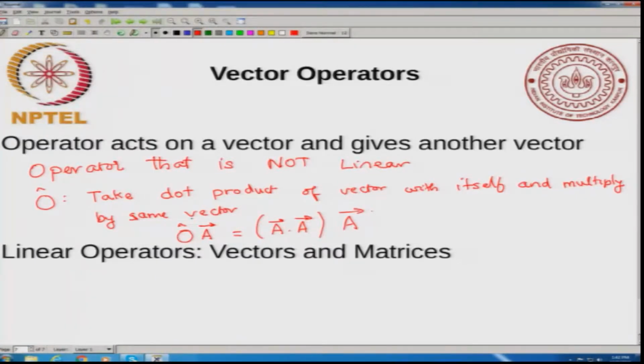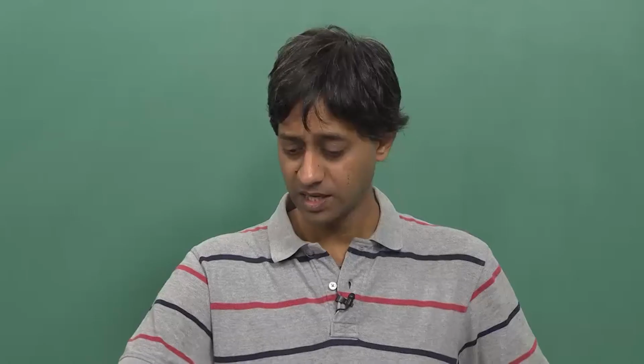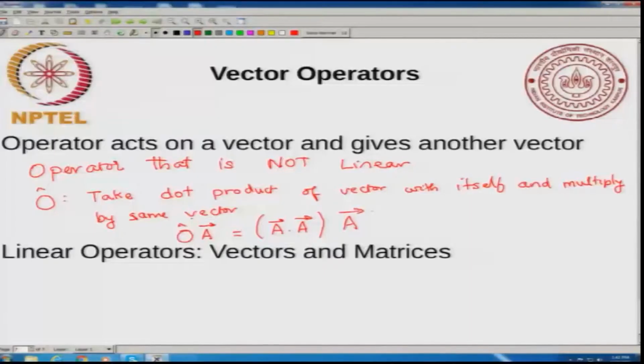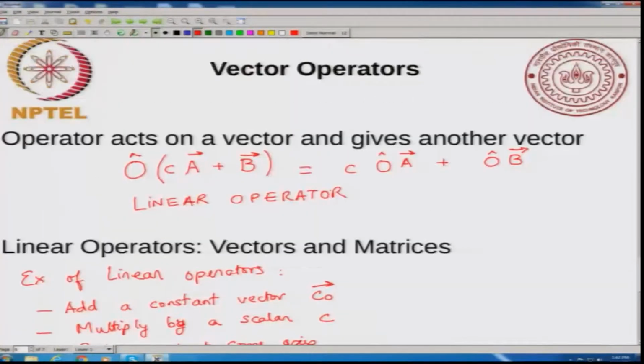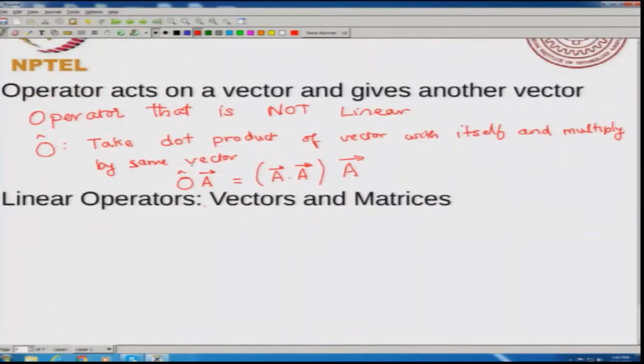Okay. Now, you can show that if you do this, then this is not a linear operator, okay, because it is fairly easy to show that it does not satisfy the condition for a linear operator. Suppose I just take O of CA, okay. So this is clearly a constant times A, okay.